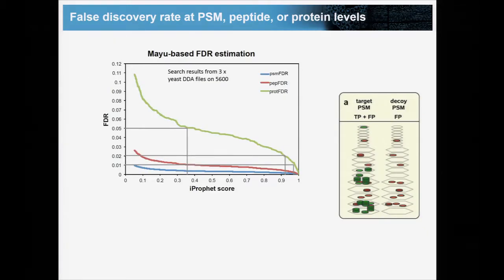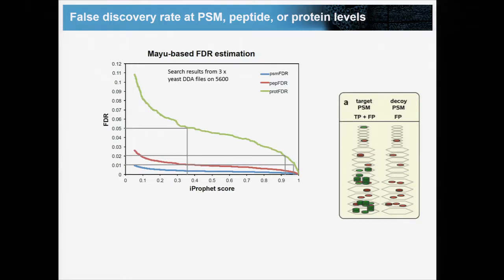So we use a tool called Mayu to estimate the error rates associated with the data analysis, and you don't have to use Mayu. There are many tools, also classical target decoy approaches, but essentially what I'm trying to point out here, and this is known for many years, is that the error rates at the peptide spectrum match level, at the peptide level, and at the protein level are not the same, right? The iProphet score is essentially a search engine score, where 1 is a very good hit in the search engine, and on the y-axis is the false discovery rate.